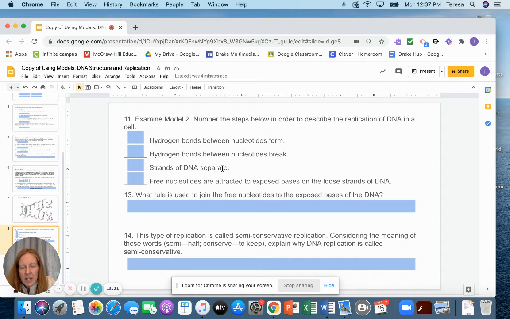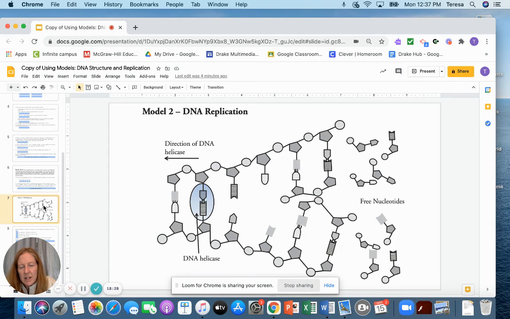Step number 3, free nucleotides are going to be attracted to those exposed bases. Okay, so this is an exposed base. The complementary free nucleotide is going to be attracted. It's going to be pulled towards that.